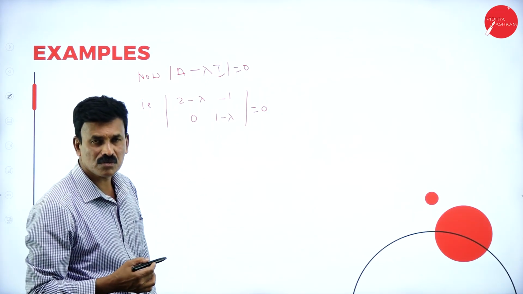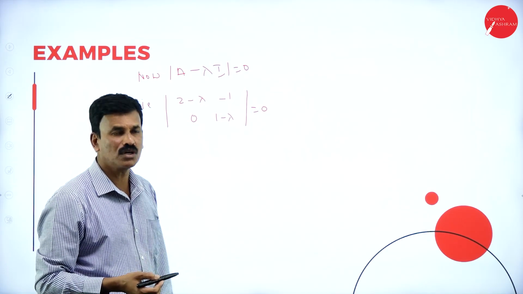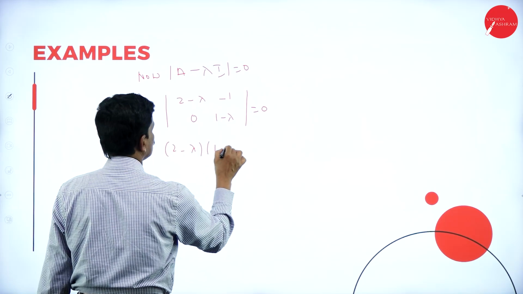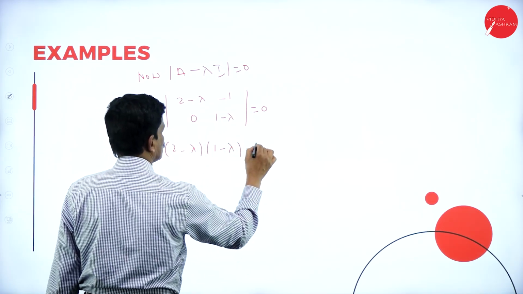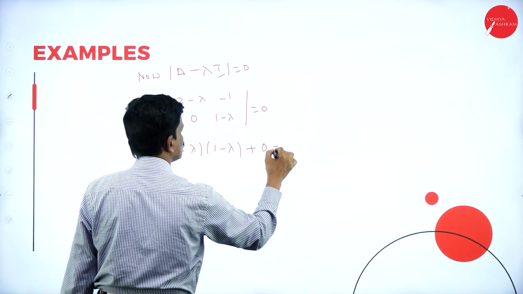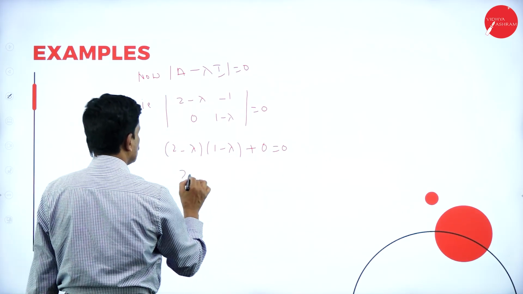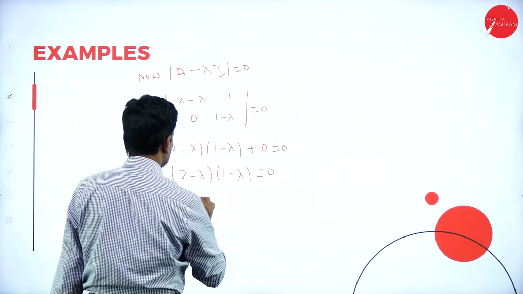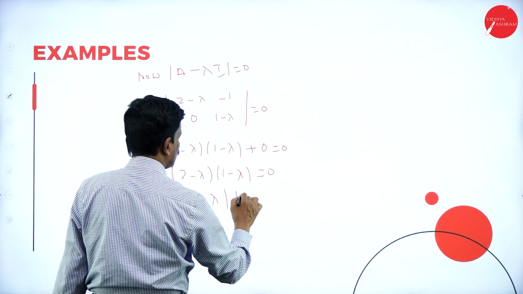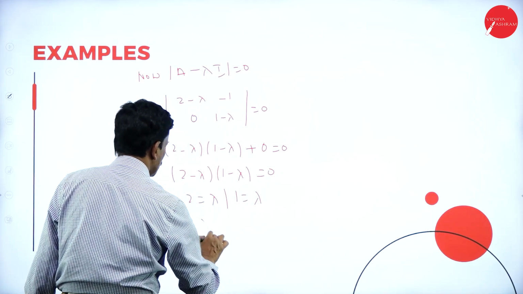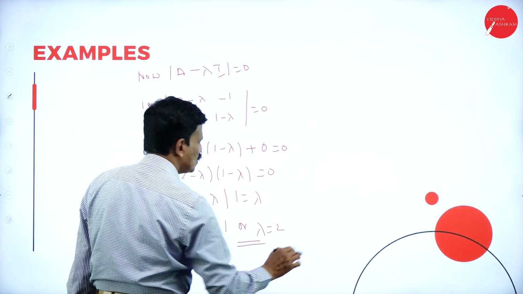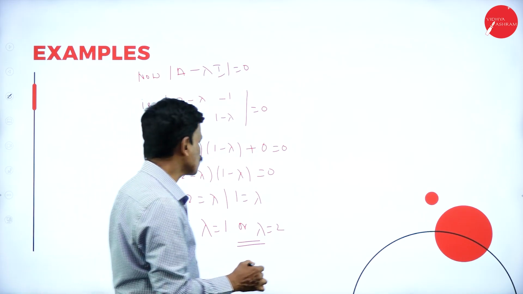Simplify this matrix of order 2 rows, 2 columns. Just find the determinant of this. So 2 minus lambda into 1 minus lambda, minus into minus plus, 0 into 1 is 0. Simplify this, that is (2 minus lambda)(1 minus lambda) is equal to 0. 2 is equal to lambda, or 1 is equal to lambda. So therefore lambda is equal to 1 or lambda is equal to 2 are called the characteristics roots.